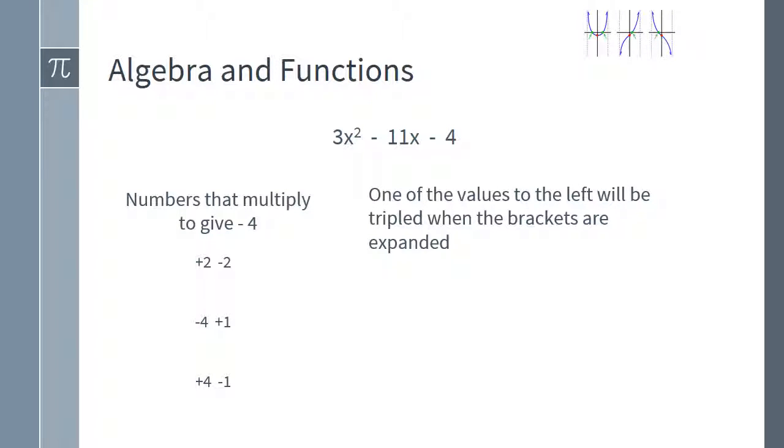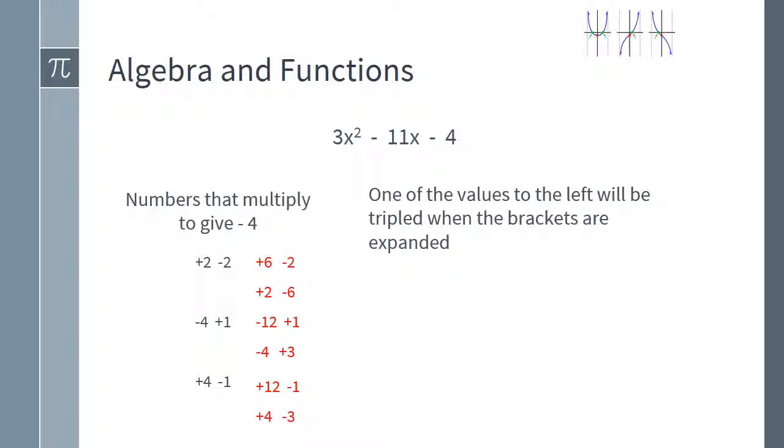That suggests that one of the numbers will be tripled when the brackets are expanded. So it's either plus 6 and minus 2, or plus 2 and minus 6, minus 12 and 1, or minus 4 and plus 3, 12 and minus 1, or 4 and minus 3.